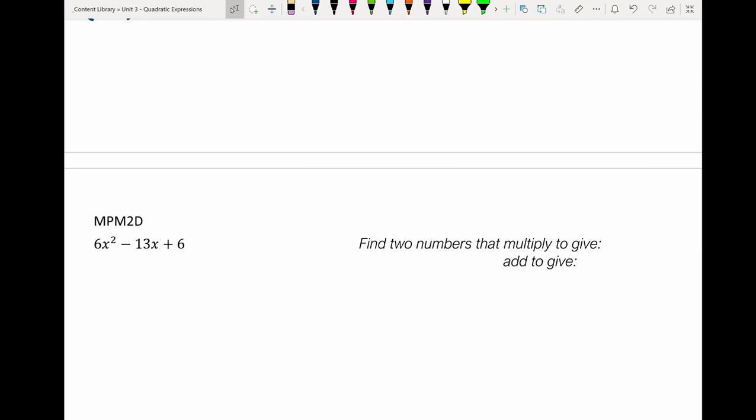Find two numbers that multiply to give, in this case, 6 times 6, or a times c, which equals 36, but add to give negative 13, or my b value. So my two factors, again, because they add to a negative number but multiply to a positive, I should be looking for two negative numbers.